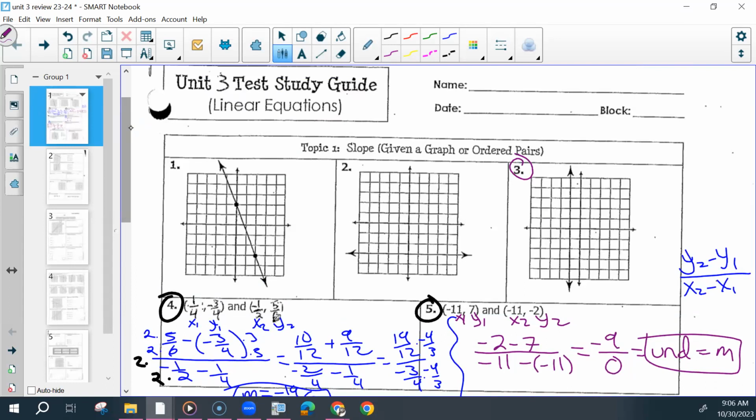But for 2 and 3, you have to remember your hooks. If number 3 is a vertical line, what type of slope is it going to have? Undefined. If you don't remember your hooks, these may become difficult.